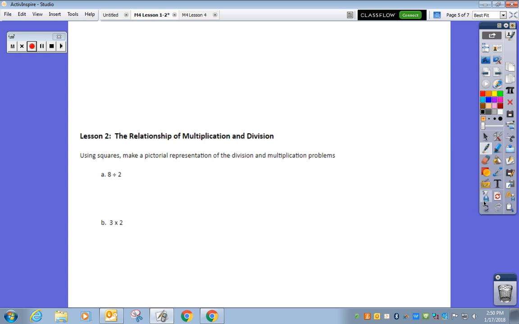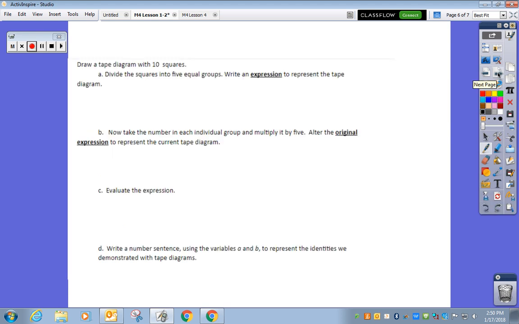Now we're going to do the same thing we did previously, and follow some steps. We're going to start with a tape diagram of 10 squares again. The first thing asks me to divide the squares into 5 equal groups. So to do that, I would be circling groups of 2 to make 5 equal sized groups.